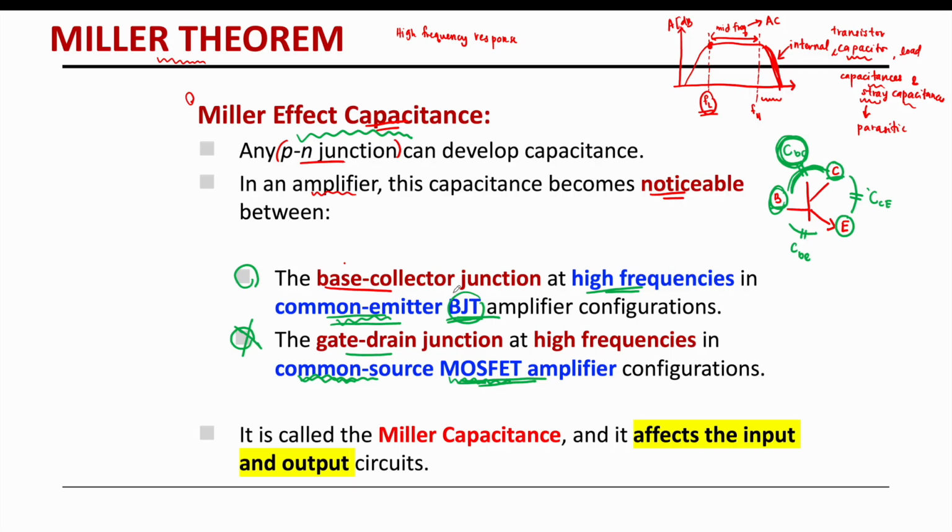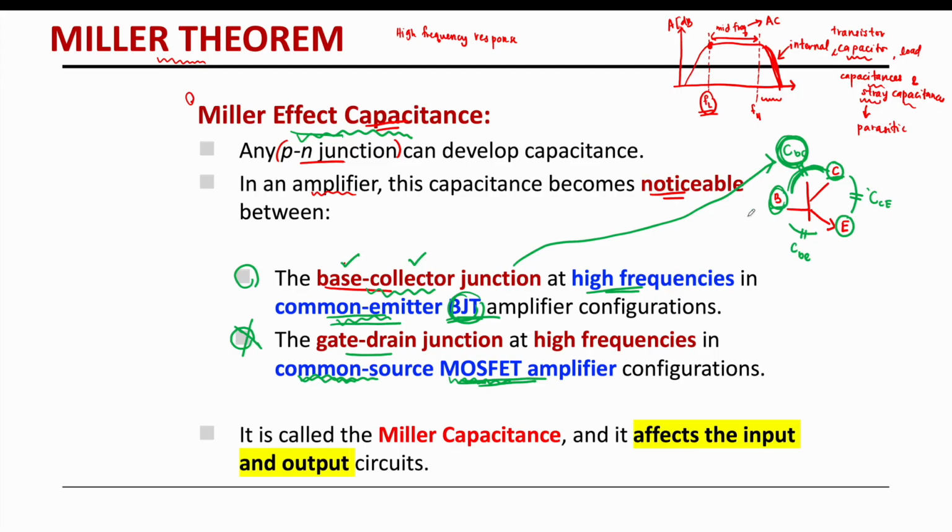Please remember, at the BJT, the Miller effect capacitance only happens at the base and the collector junction, where we have the internal capacitance known as CBC.